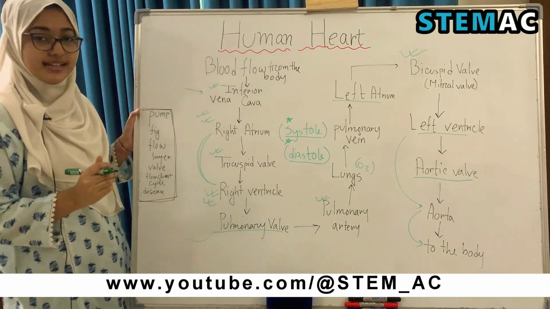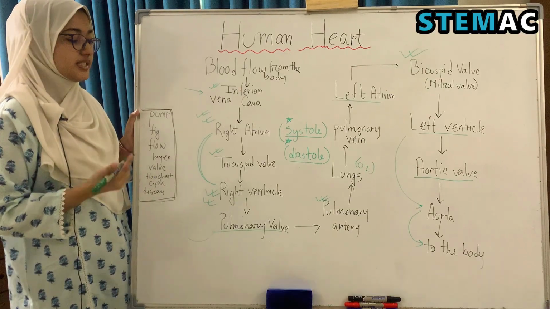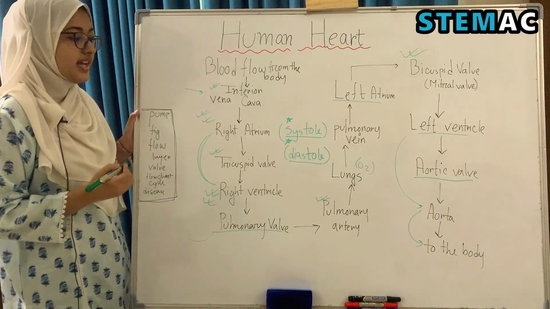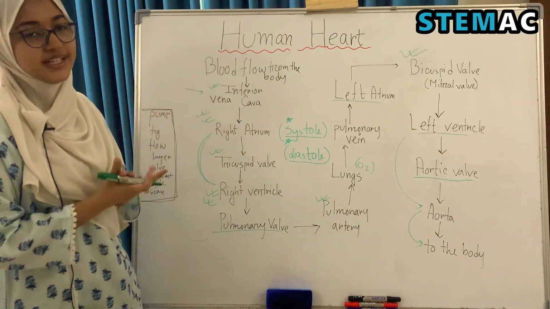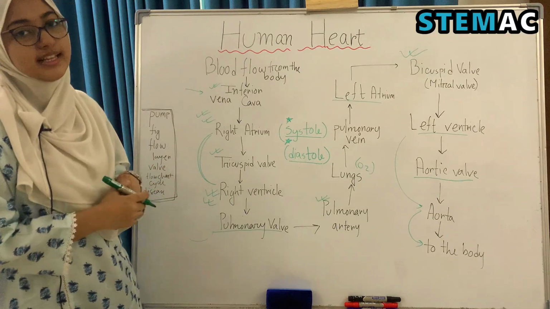So the pressure that is created through systole is called systolic pressure, and the pressure that is created through diastole is called diastolic pressure. Combining systole and diastole, a heartbeat happens, and the whole cycle is called the cardiac cycle.